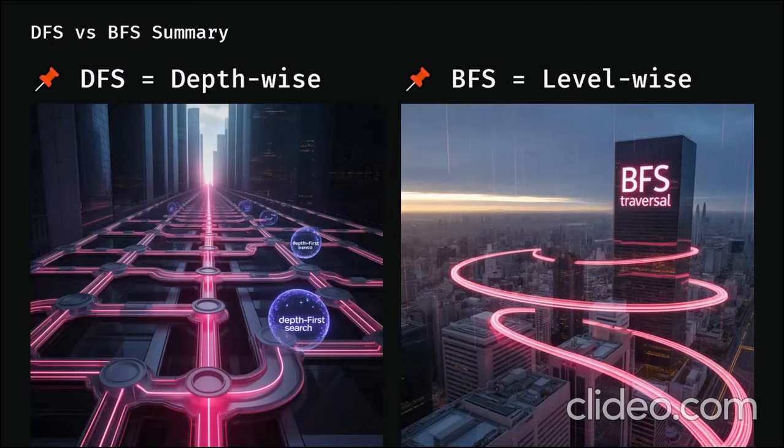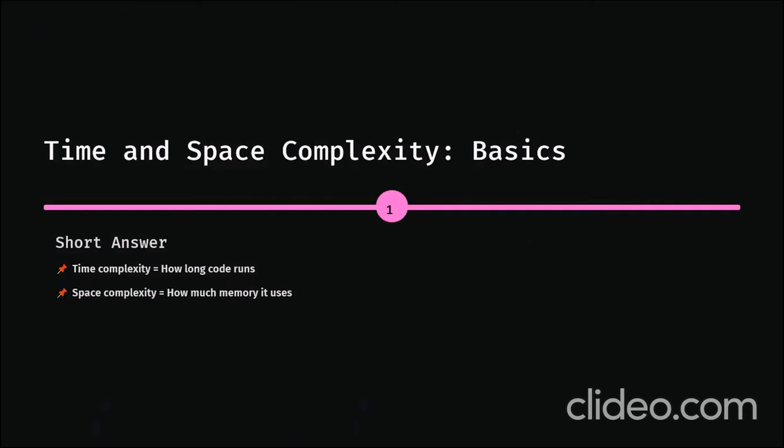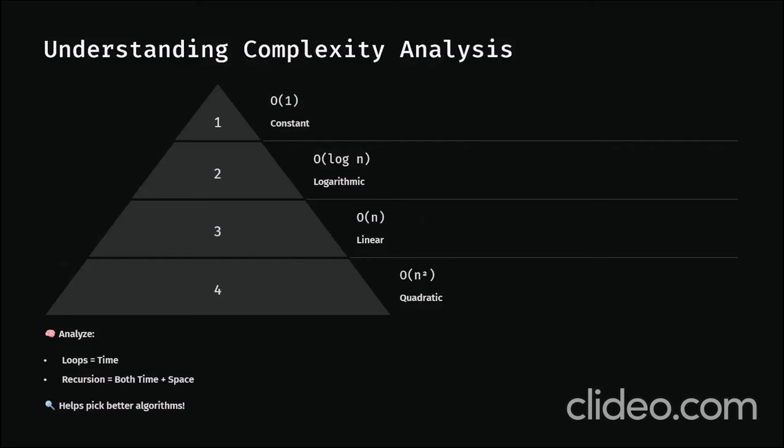Okay. So, let's move to the next question, and it is what is time and space complexity? Time complexity is how long code runs, while the space complexity is how much memory it uses.